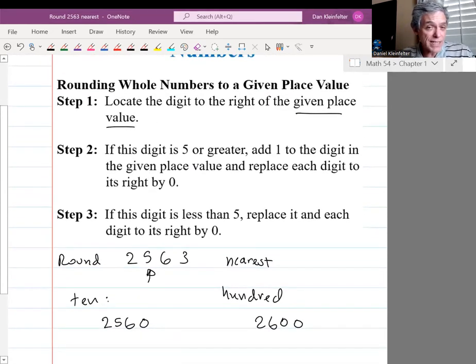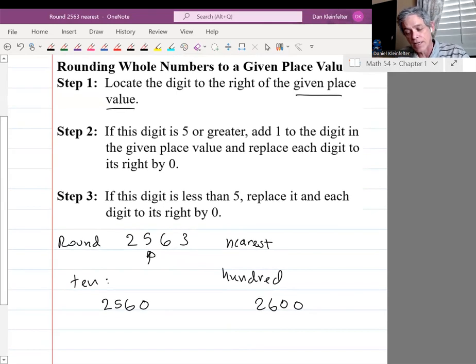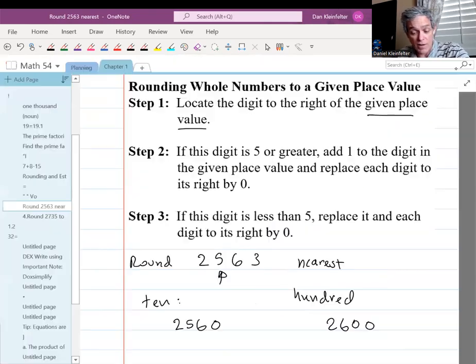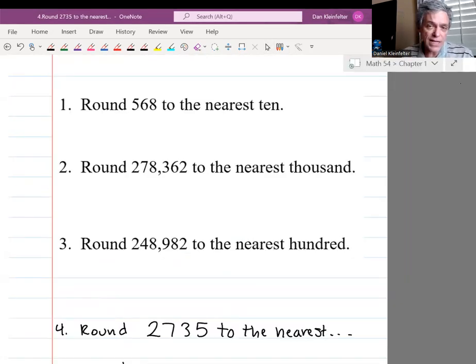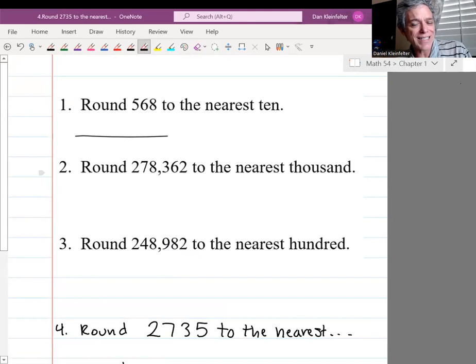If you like step-by-step directions, this may appeal to you. My personal choice is to draw a picture. I find that to be easier. So I'm going to demonstrate that on the next couple of examples. To me, I like to visualize or even draw out a piece of number line to help me with this. So here, when we want to think about 568 to the nearest 10, I visualize multiples of 10.